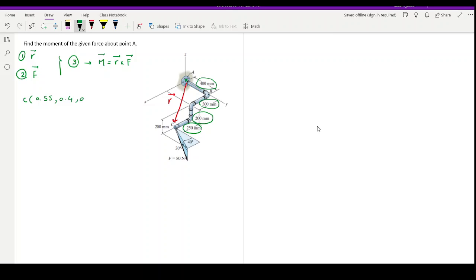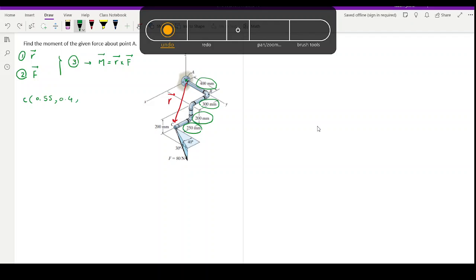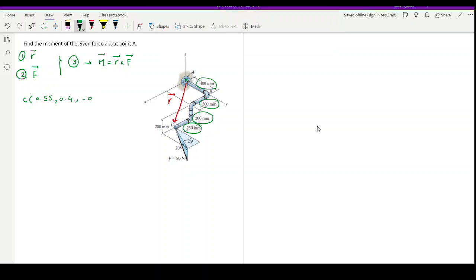That means that it's going to be negative 0.2 in meters. Therefore, R is going to be 0.55 i plus 0.4 j minus 0.2 k in meters. This is our R. Now let's write F in Cartesian.